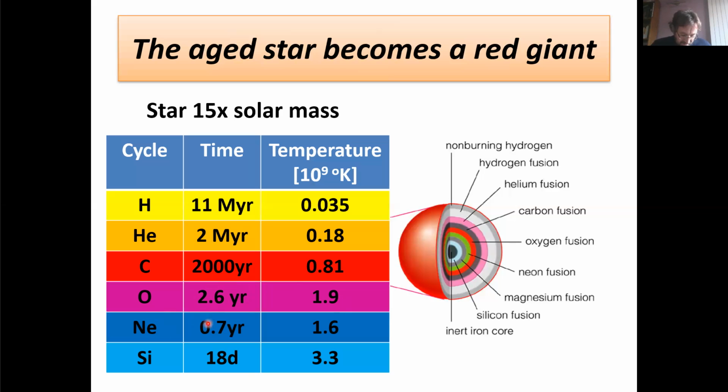And then less than a year at the lower temperature, that cannot be, that must be 2.6, so probably I made a mistake, or the guy who made this table that I copied and pasted shamelessly somewhere. So now we are at less than a year where the neon is burning, and then the silicon burning is a couple of weeks.